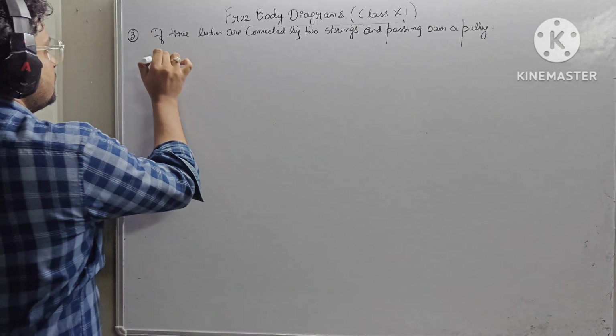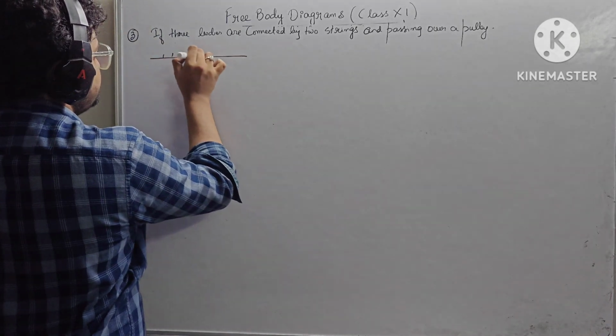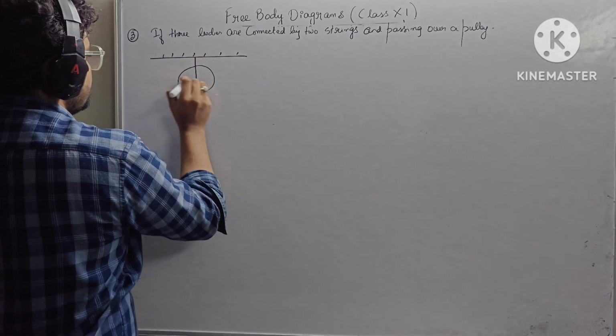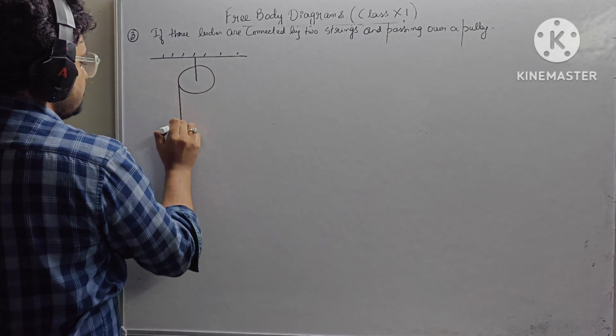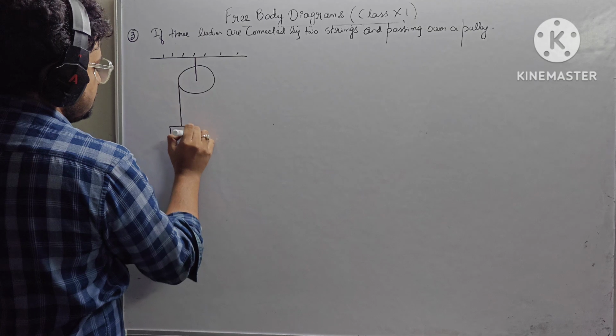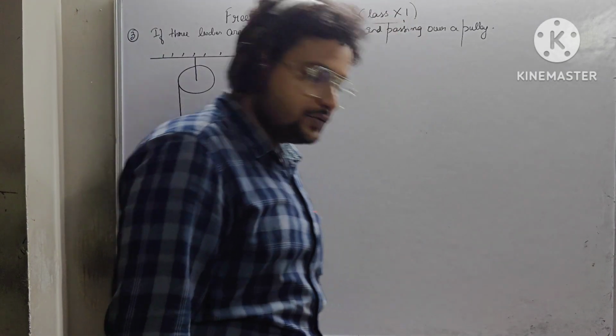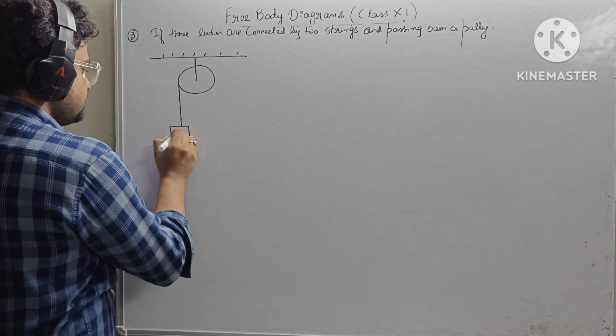So the diagram will be somewhat like this. This is your rigid support. This is the pulley. This is our first block. Right. Suppose this one is M1.